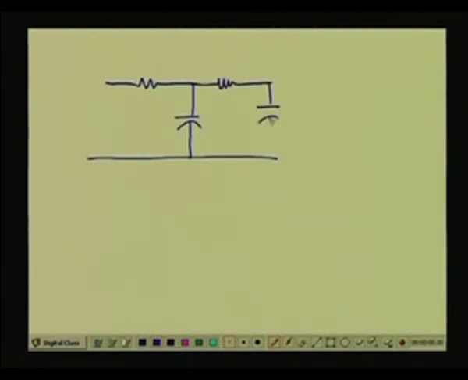If you take a second order section, the filter will look like this. These are all passive filters. In most cases they will suffice, because if you use an active filter, there are some advantages, but there are disadvantages as well. This is E2, this is RF as before, this is EO, this is CF.